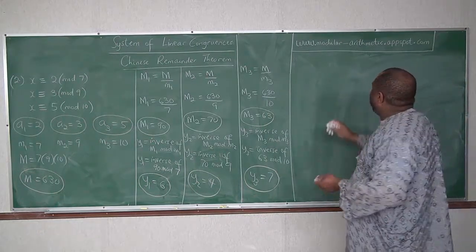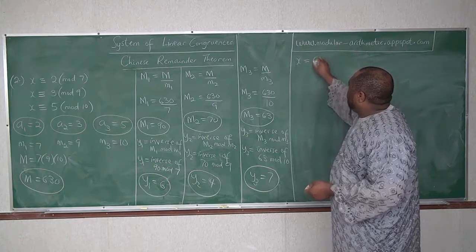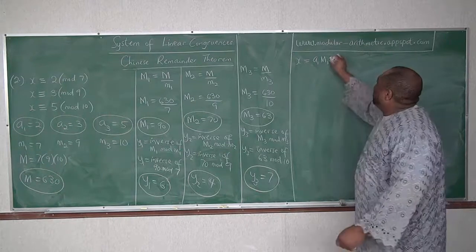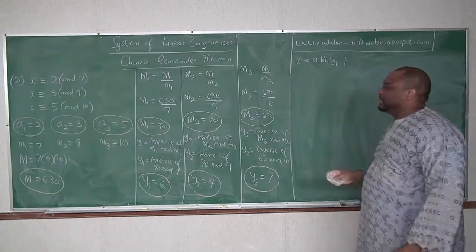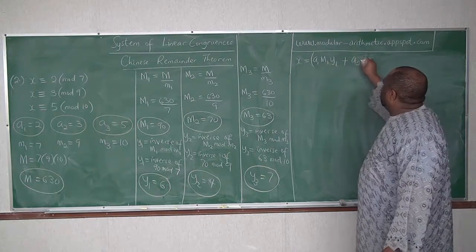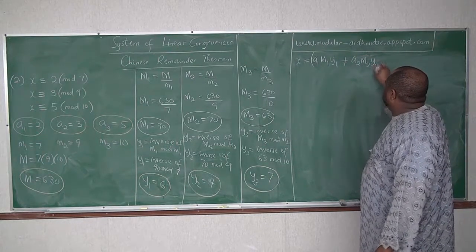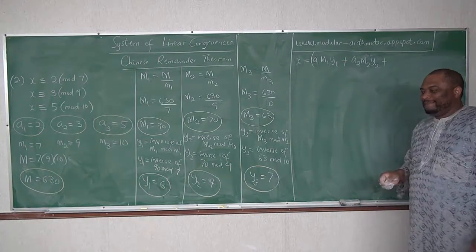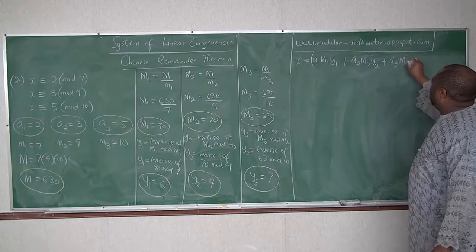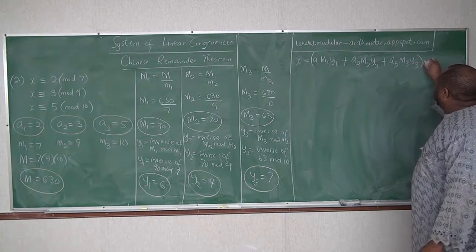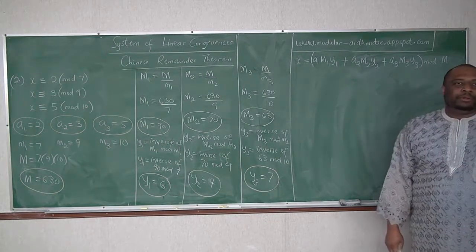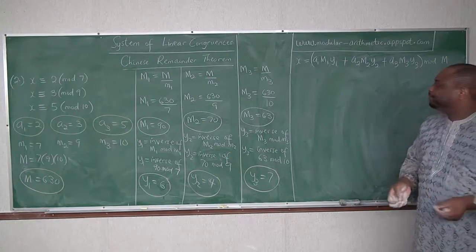Okay, so our x is equal to a1 M1 y1 plus a2 M2 y2 plus a3 M3 y3, mod M, the product of the moduli.